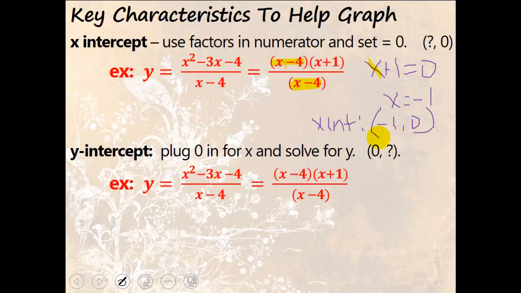Y-intercept, you can find it a lot of different ways. You could plug in to your original. You're going to always plug in 0 for x. This is key.